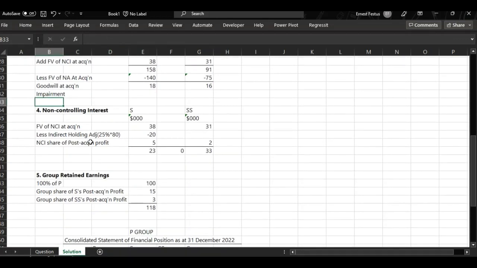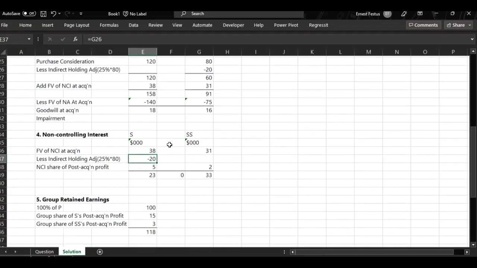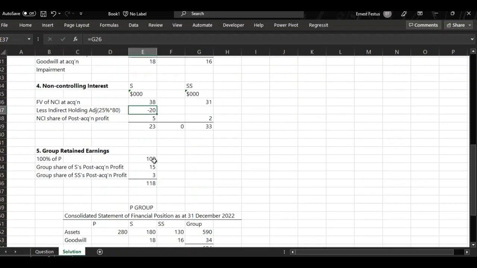Then the fourth working is the non-controlling interest, where you start with your fair value of non-controlling interest at acquisition, you less your indirect holding adjustment from the sub that purchased the sub. So under the goodwill at acquisition, you subtract the indirect holding adjustment from the sub, but under the non-controlling interest, you subtract it from the sub. Alright, take note of that. And then the group retained earnings.